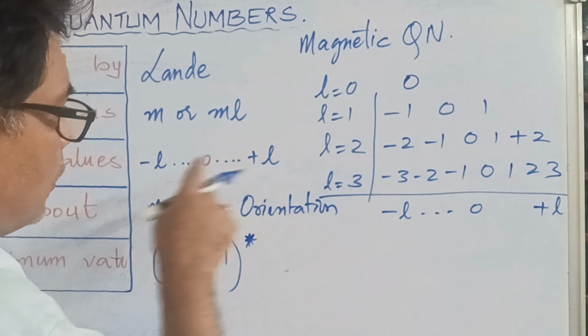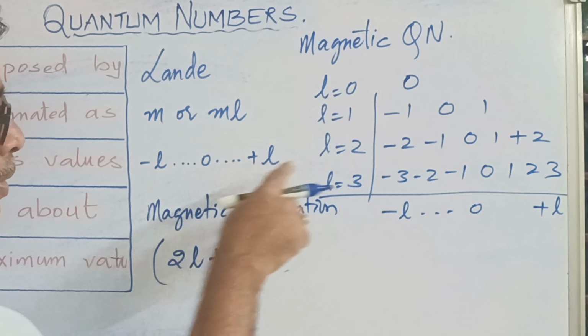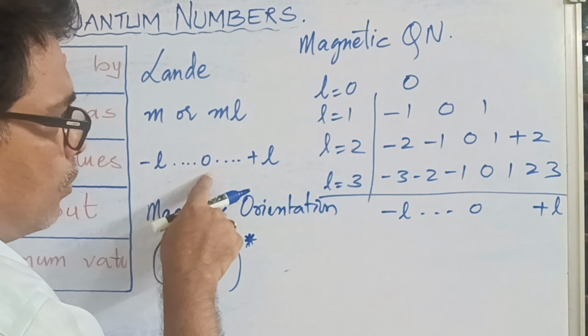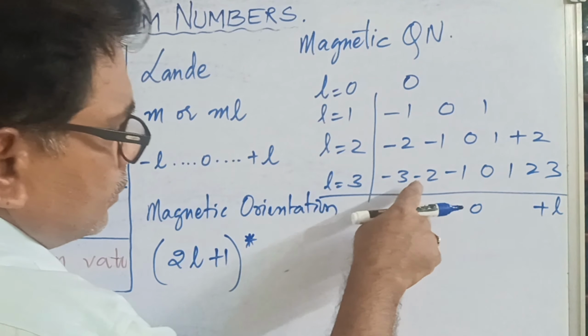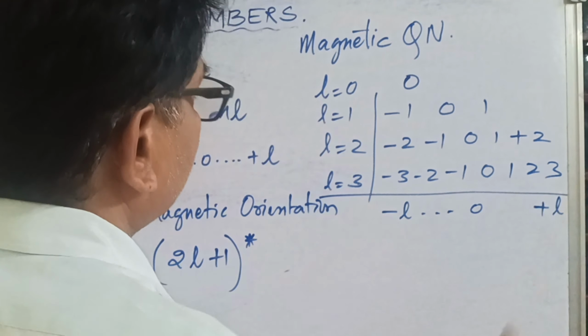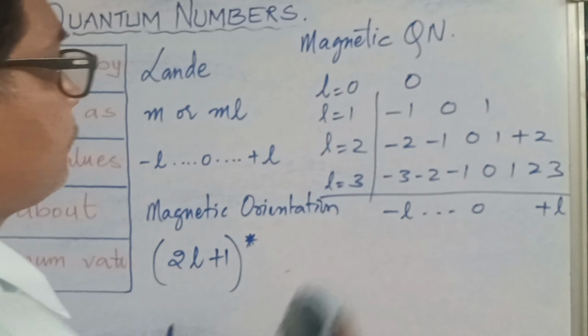Now it is 2, so your value should start with the same number. So 2, since it is negative, it starts with minus 2, 0, plus 2. L is equal to 3: minus 3, minus 2, minus 1, 0, 1, 2 and 3. This is over. We will see this one, 2L plus 1.